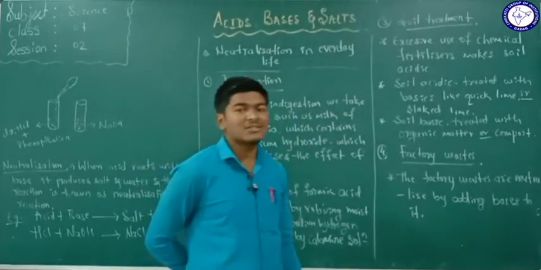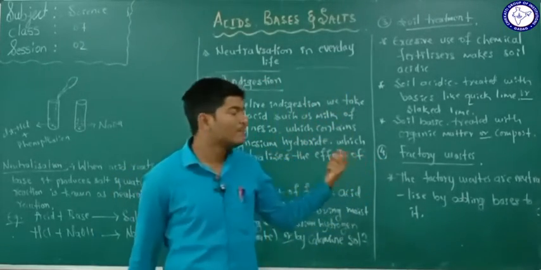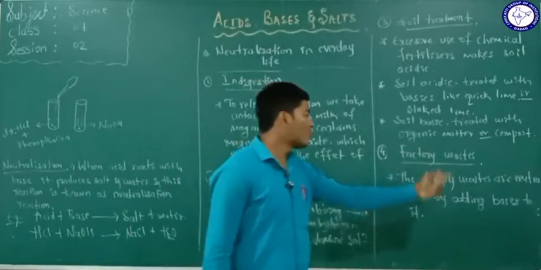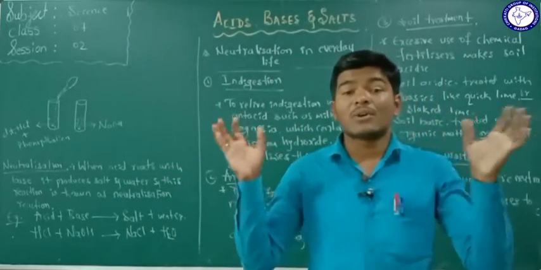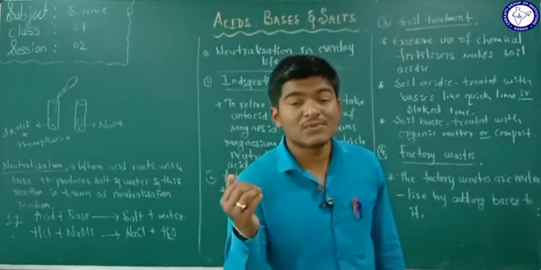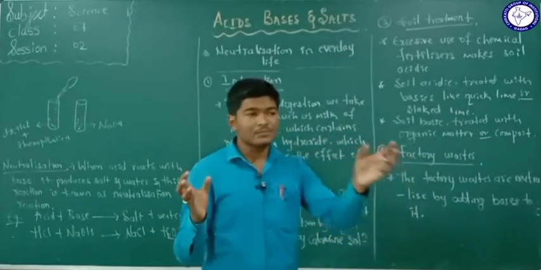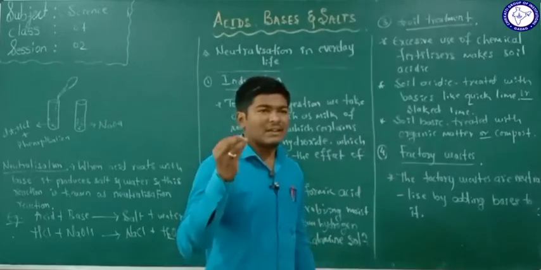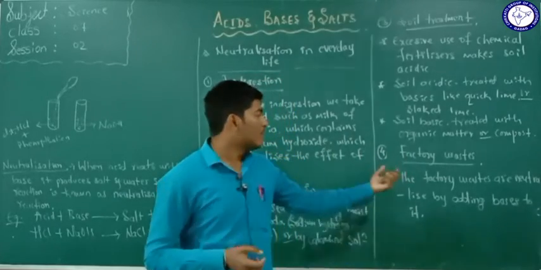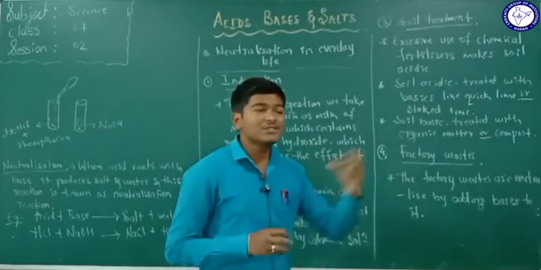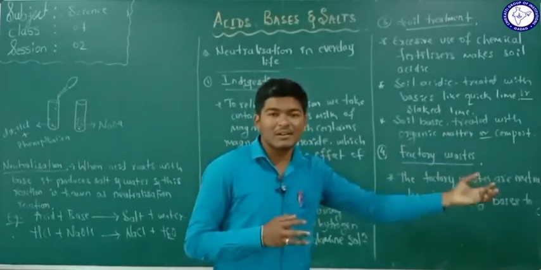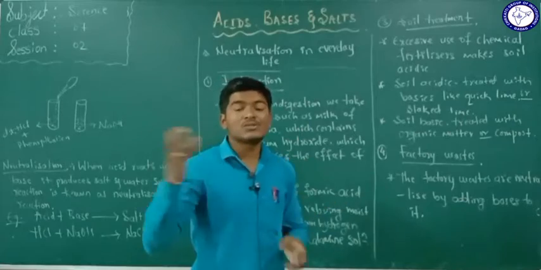And the last use of the neutralization effect in our daily life is factory waste. The factory waste contains a large amount of acids, and those acids are very harmful for the animals present in the water, because all the factory waste will be released to the river or to some sources of the river.